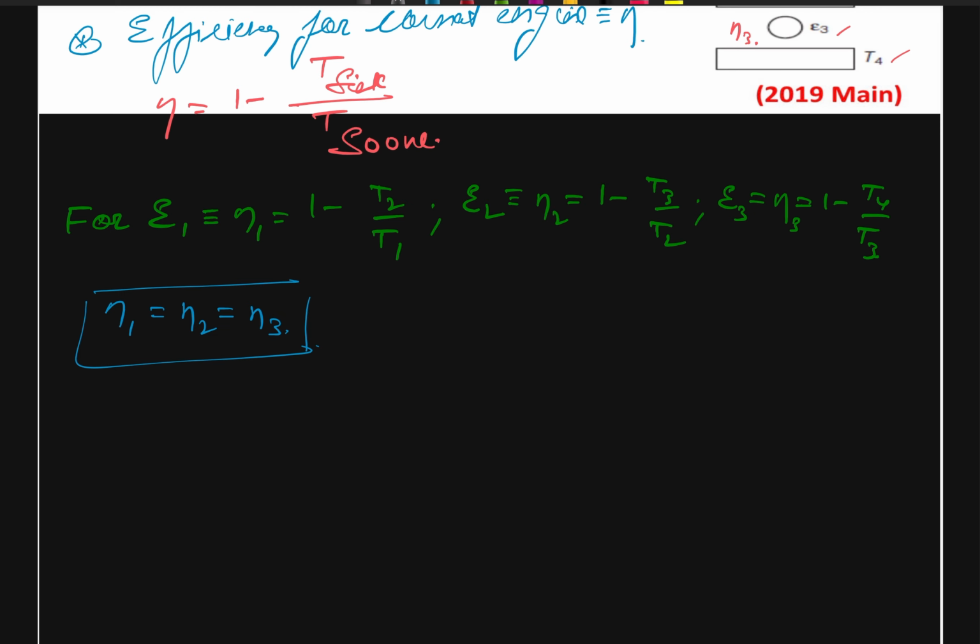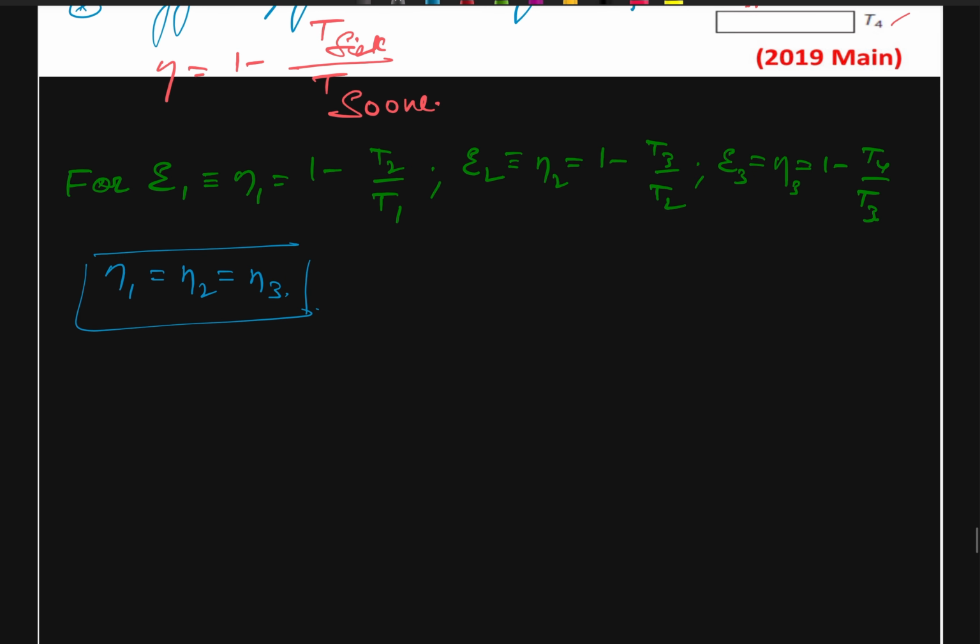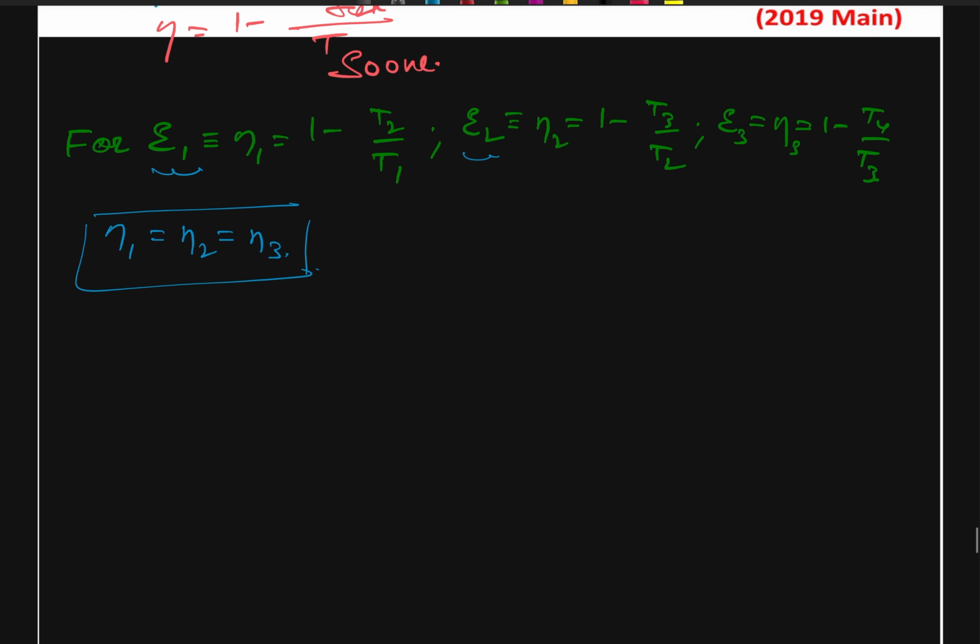Therefore we can equate our first two engines, nu1 equal to nu2. This gives us 1 minus T2 upon T1 is equal to 1 minus T3 upon T2.